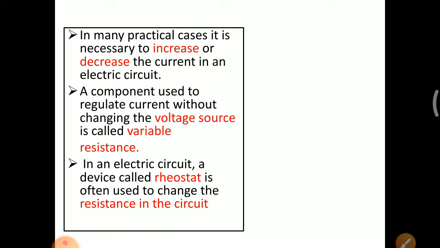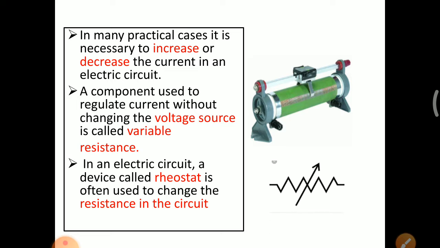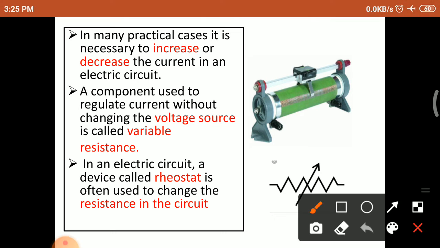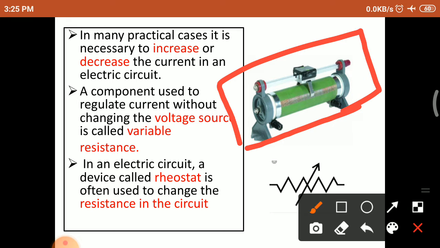In an electric circuit, a device called rheostat is often used to change the resistance in the circuit. So using this rheostat, I can change the current in the circuit because the rheostat has a property of resisting the flow of electric charge.